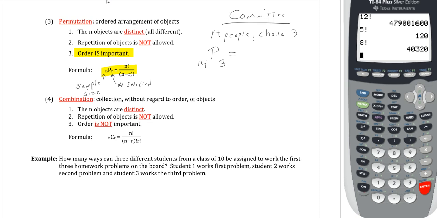If I do this formula, what this is n factorial, or in this case 14 factorial, divided by 14 minus 3 factorial.